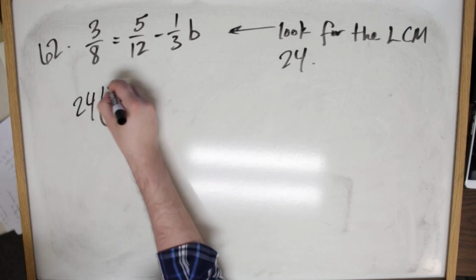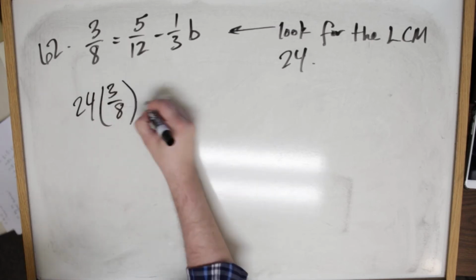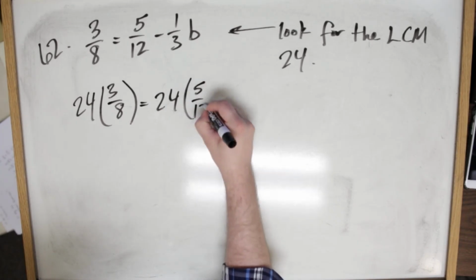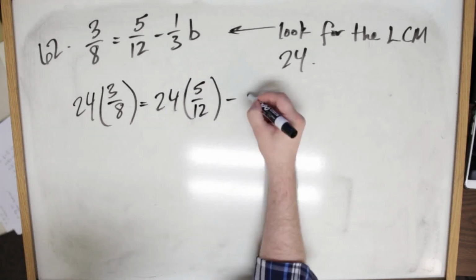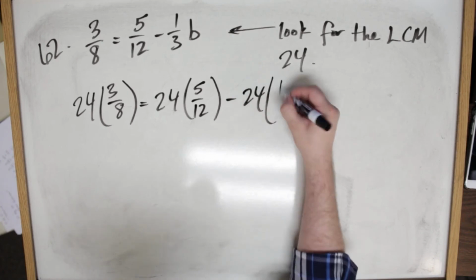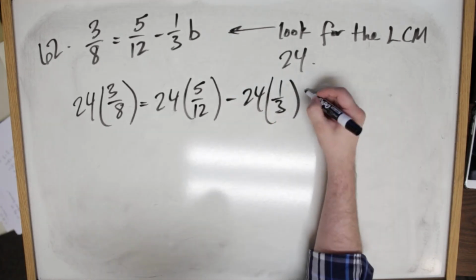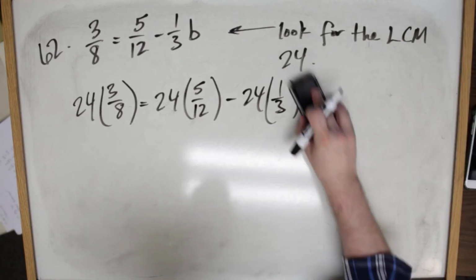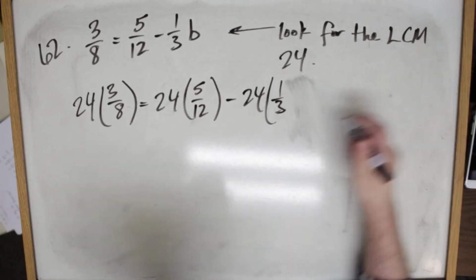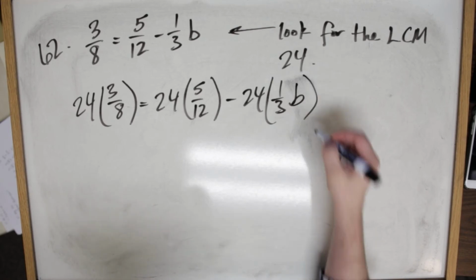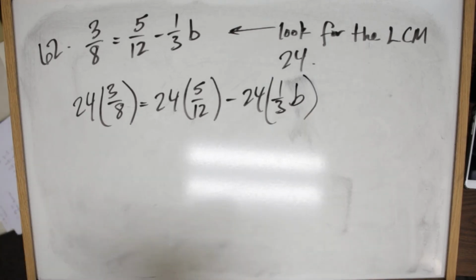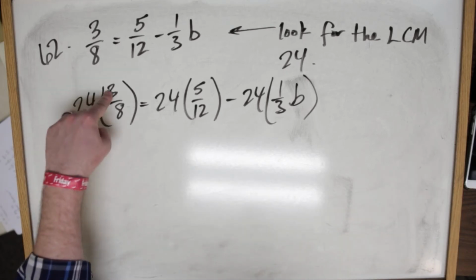24 times 3/8 is equal to 24 times 5/12 minus 24 times 1/3 times b. Or 1/3 b. Doesn't matter. I can put it in the brackets. It's all the same. Okay. So now let's go ahead and multiply, remember, the number times the numerator.